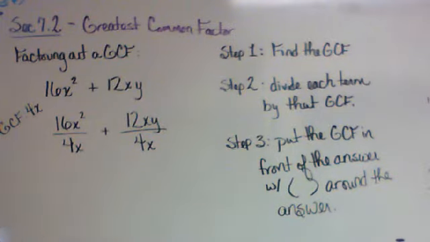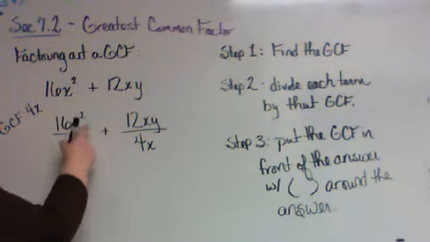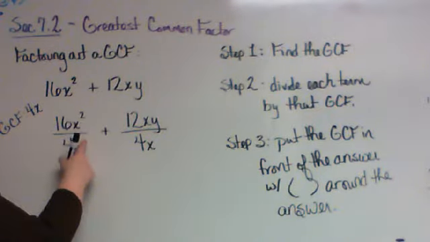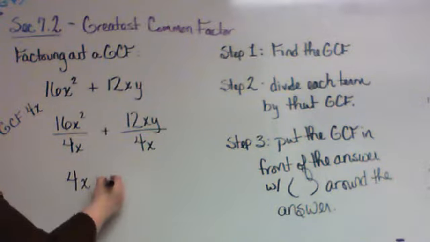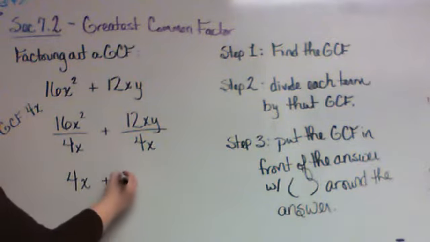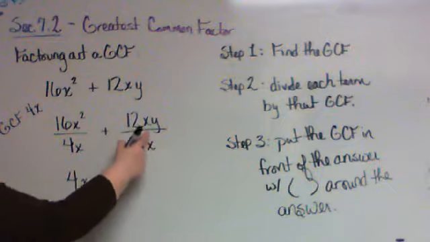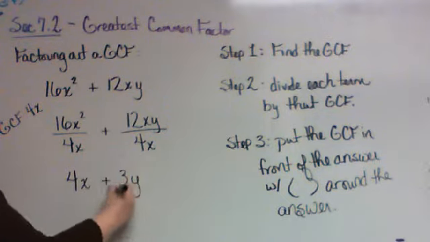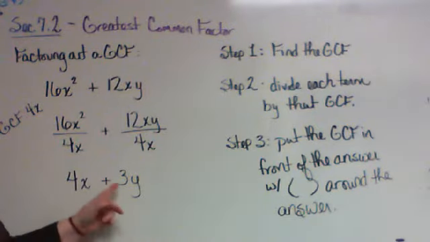So 4 goes into 16 how many times? 4. And then 2 minus 1 leaves me with 1x. Plus, because there's a plus there, 4 goes into 12 3 times. Then my x's would cancel out, and I'm left with a y. If I were told to divide, this would be my answer.